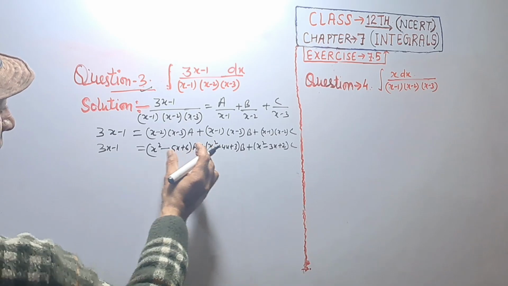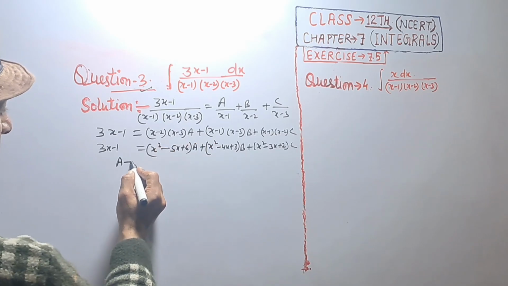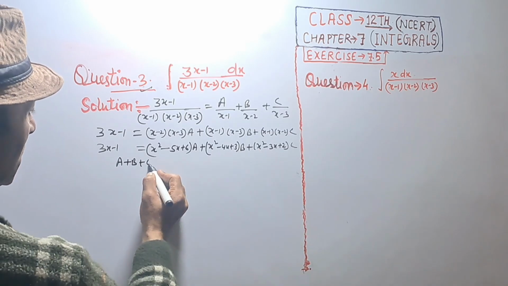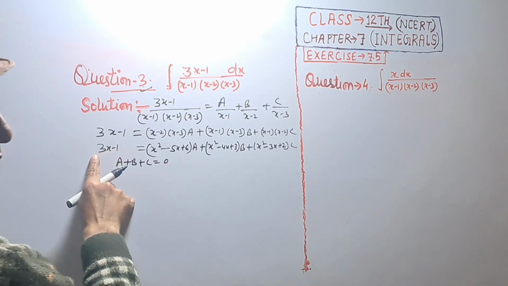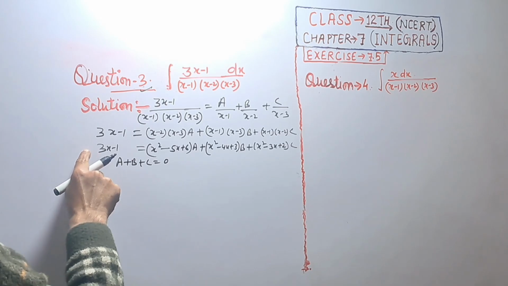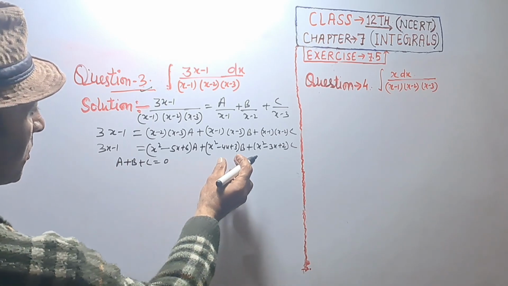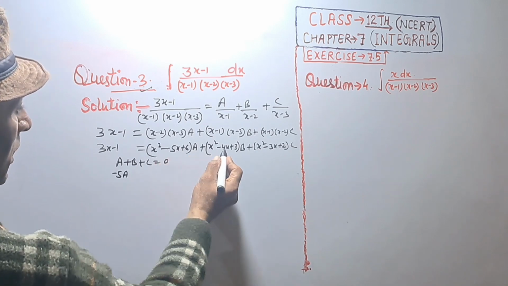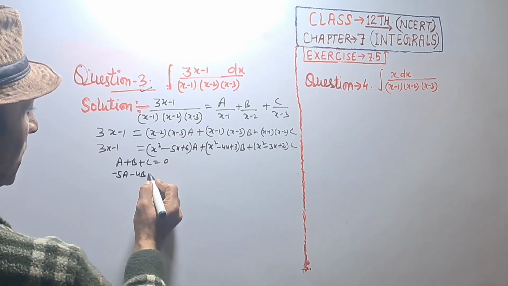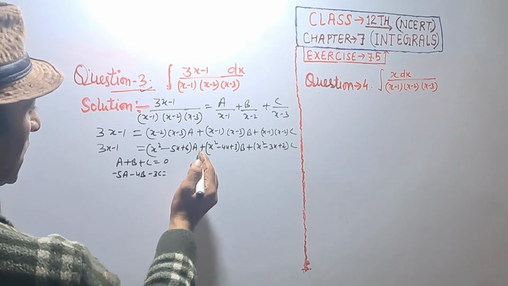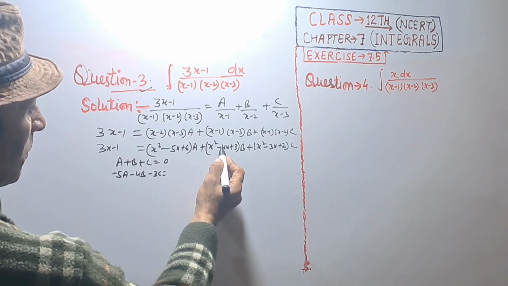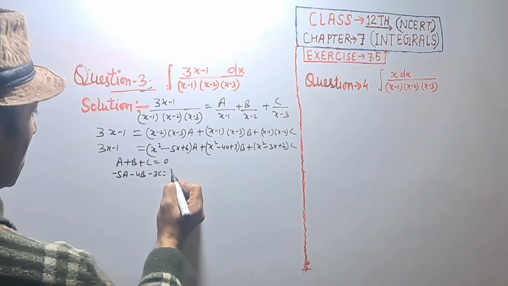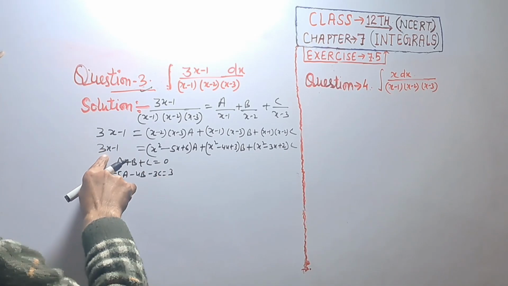Equating coefficients, the first equation from x square is A plus B plus C equal to 0, since the x square term on the right is 0. The second equation is minus 5A minus 4B minus 3C equal to 3, since the coefficient of x is 3.